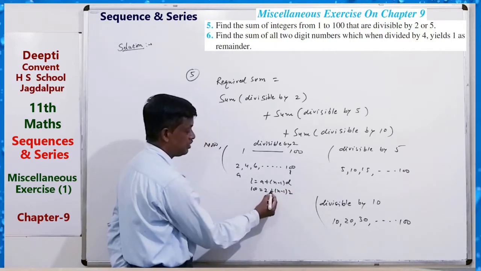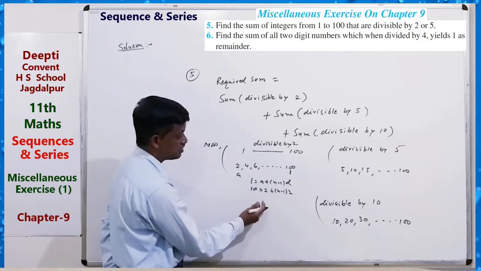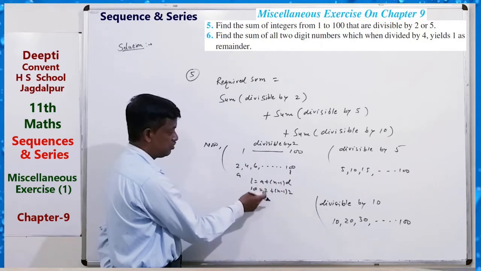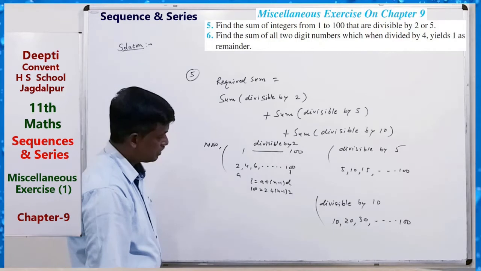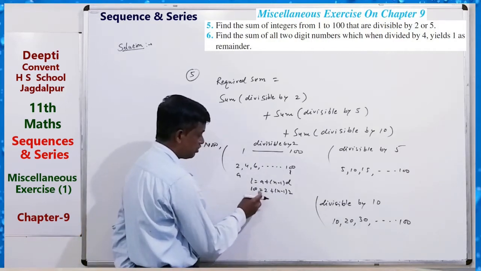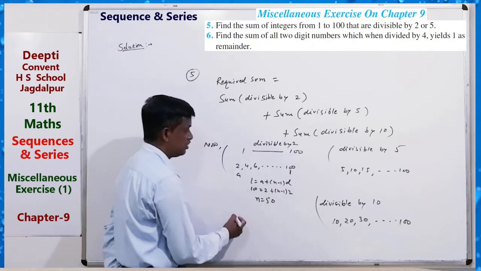Solving, n equals 50. So here n equals 50.